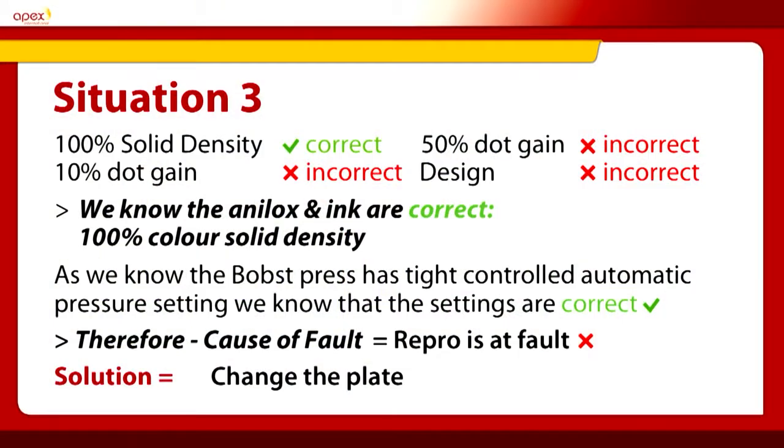The solution is that the density is correct, 100%. So we know the Anilox is correct. We know the ink is correct. So the fact that the 50% is not correct, that has to be down to a plate repro issue. So we simply change the plate for the correct plate with the correct values, and we begin production again.